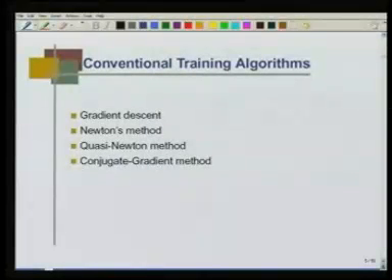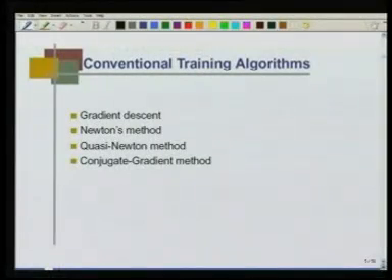So, traditionally people have tried to propose various algorithms for feed-forward neural networks, including even the feedback neural networks that we have already talked about. All these things can be applied both to feedback and feed-forward network for system identification, because we are talking about intelligent control.